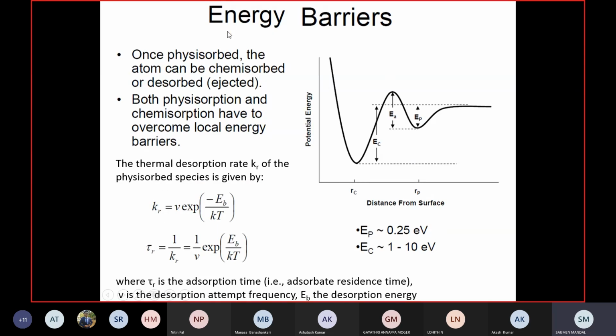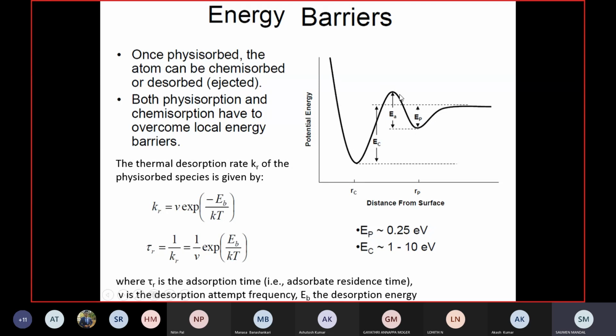This is another important diagram. On the right side you see the potential energy versus the distance from the surface. When the distance from the surface is high, the atoms are coming in, and first there is physisorption. The first energy well is basically the physisorption.